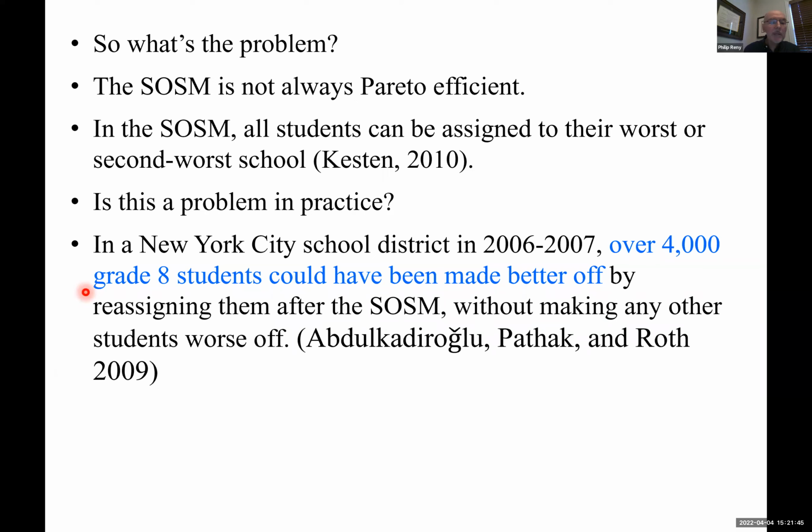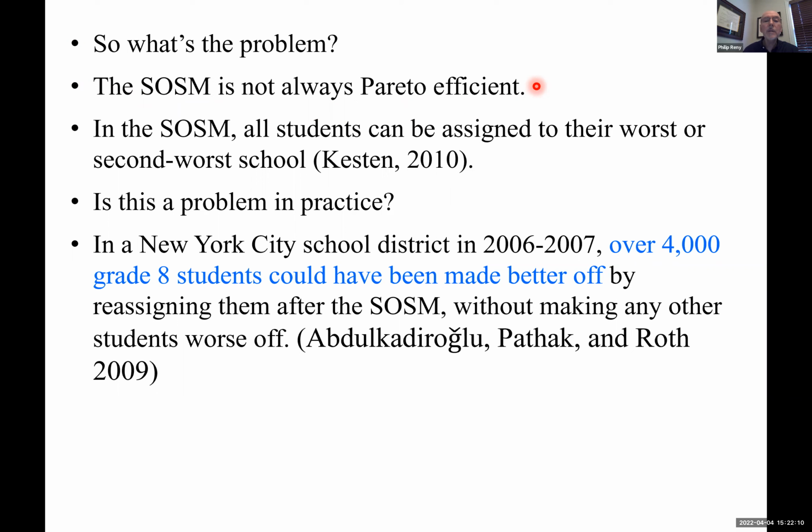So let me go back up here. What's the problem? The student optimal stable match is not always Pareto efficient. And as Bernard just pointed out, whenever that's the case, any Pareto efficient matching that you choose cannot be stable.